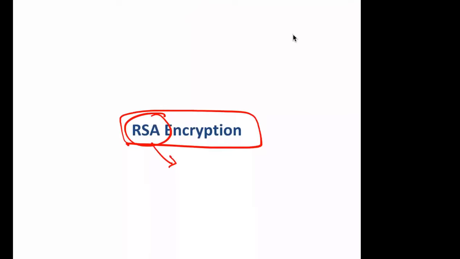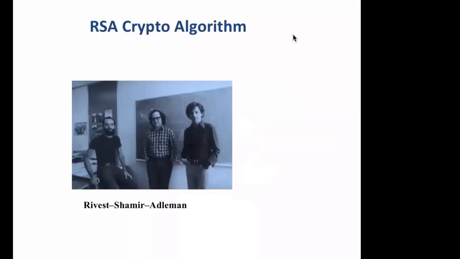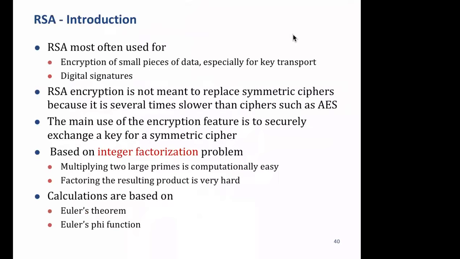There was a company called RSA just 10-15 years ago, but it got acquired by another large public company that worked on security. The three scientists, Rivest, Shamir, and Adleman, came out with this solution, and it's possibly MIT.